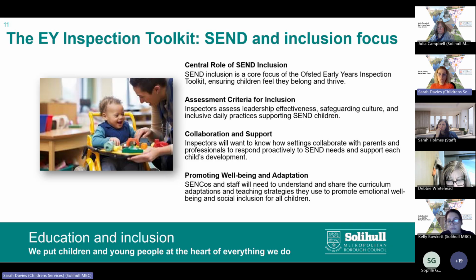The inspection toolkit digs deep into what's embedded in your everyday practice. That's why it's vital for SENCOs and managers to start reviewing now, ensuring the right systems, evidence and approaches are in place to create environments where every child feels they belong and that they can thrive.